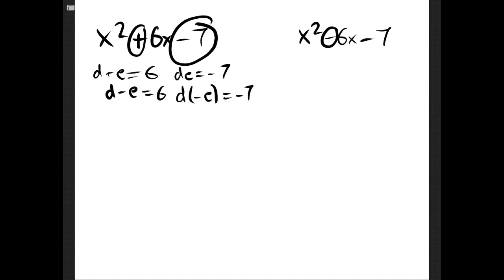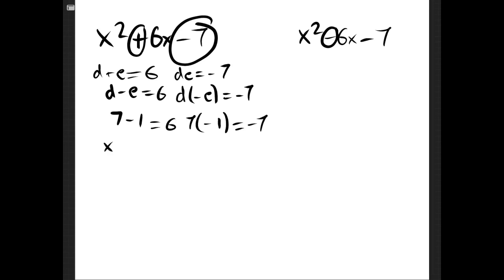So we have to think of two variables. And again, I'm going to skip this through. And the two variables are 7 and -1. So we see 7 minus 1 equals 6, and 7 times -1 equals -7. And that's our answer for this.